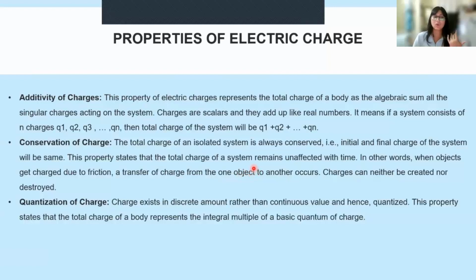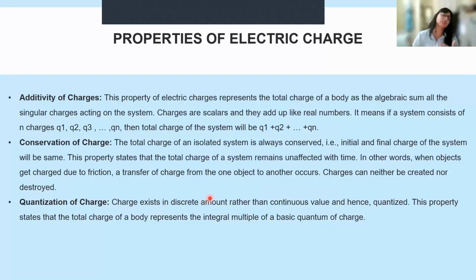The next is quantization of charge. Charges exist in discrete amounts rather than continuous values, and that is why we can quantize them. This property states that the total charge of a body represents an integral multiple of a basic quantum of charge. So you can assign a quantity to a charge.